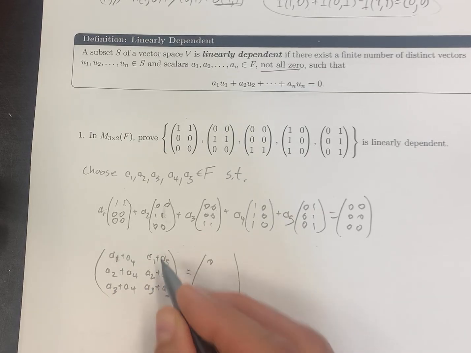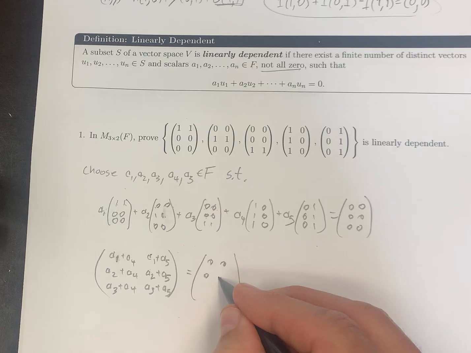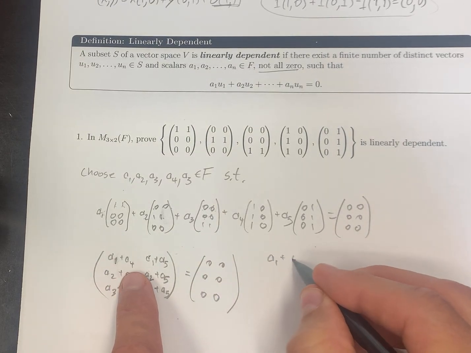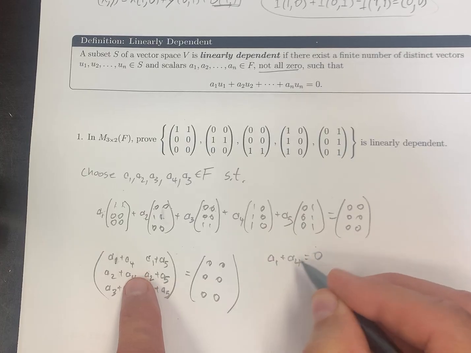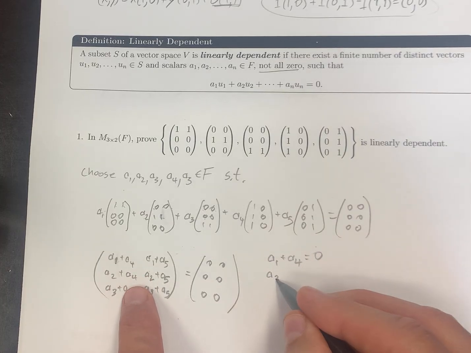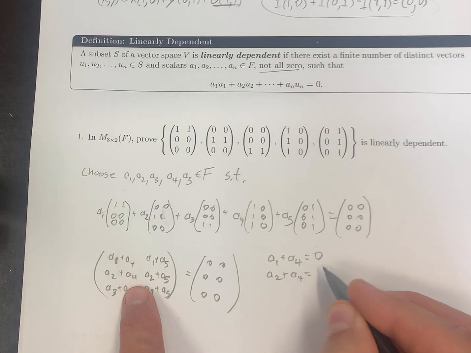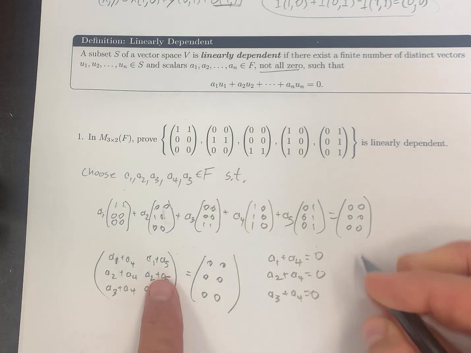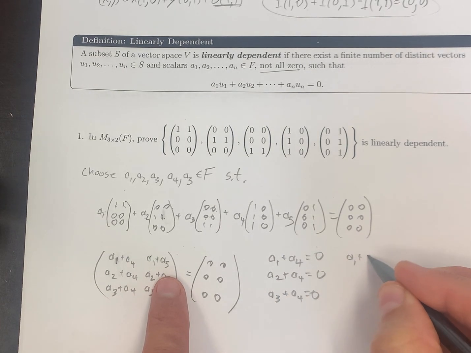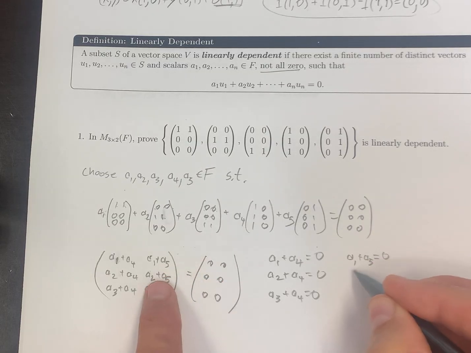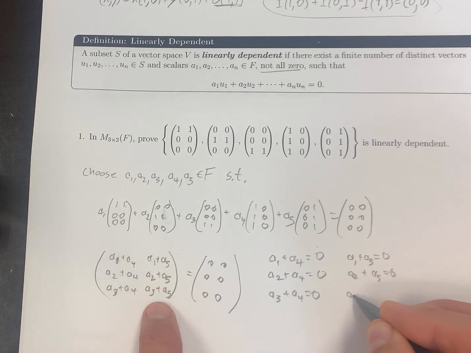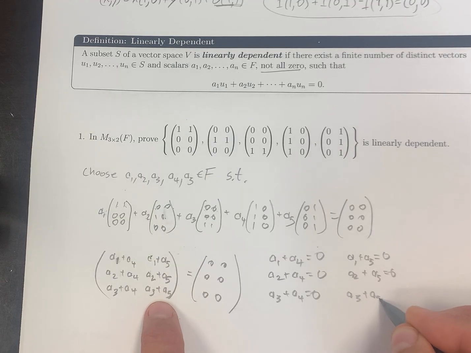Just make sure you understand that. That gets us a system of equations: a1 plus a4 equals 0, a2 plus a4 equals 0, a3 plus a4 equals 0, a1 plus a5 equals 0, a2 plus a5 equals 0, a3 plus a5 equals 0.